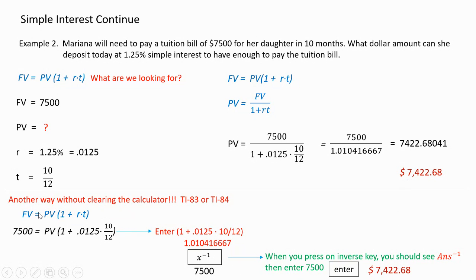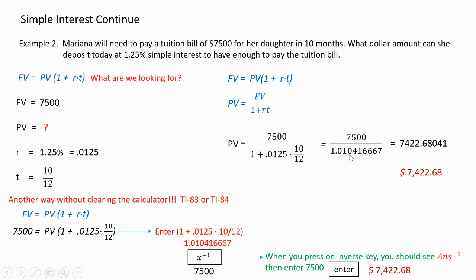The formula on the bottom is the same formula from the beginning. The inverse key helps you do this step. You get 7,500 and multiply by the inverse of the answer of 1 plus 0.0125 times 10 divided by 12, which was 1.01041667.